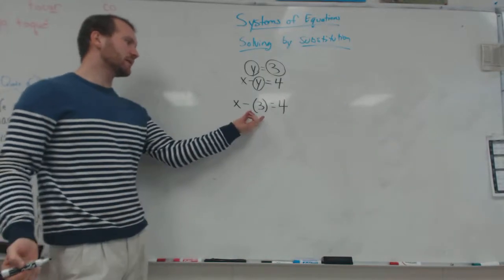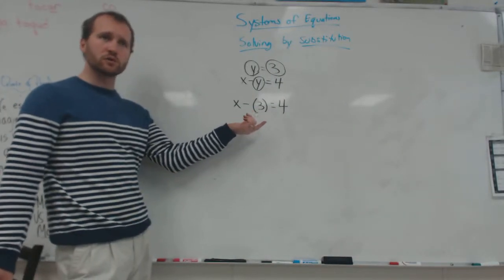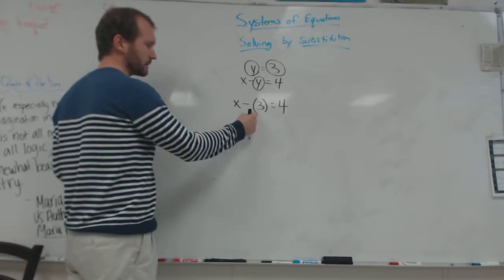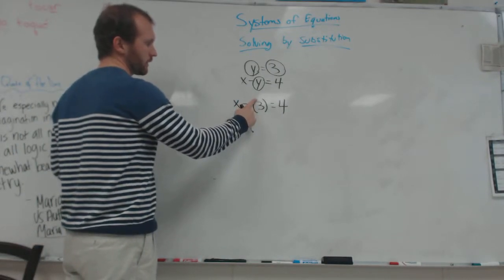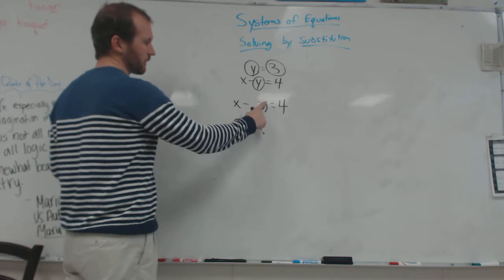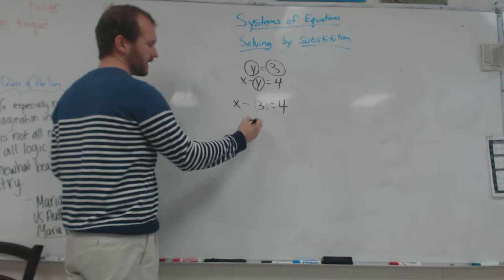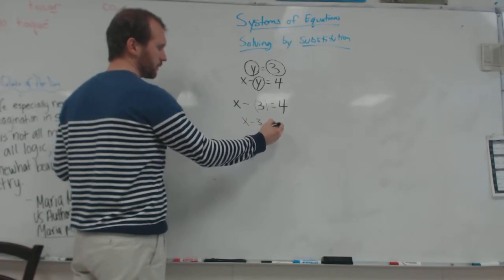Now in this case, the parentheses don't really do anything. We just have x minus 3 equals 4, so I can kind of ignore them. But I still want you to write them in. x minus 3 equals 4.